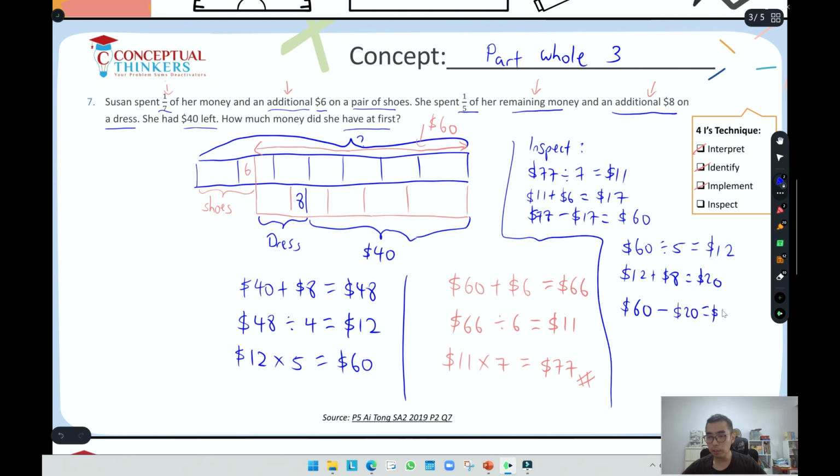Then you notice that I'll get back to 40, which is the amount that she was left with, right? And this actually matched the question here. So with my answer, when I use it to work forward, I get the same amount that's left behind. So I'm pretty sure that I'm getting the correct answer. So this is the way that you can do your inspection for this question.